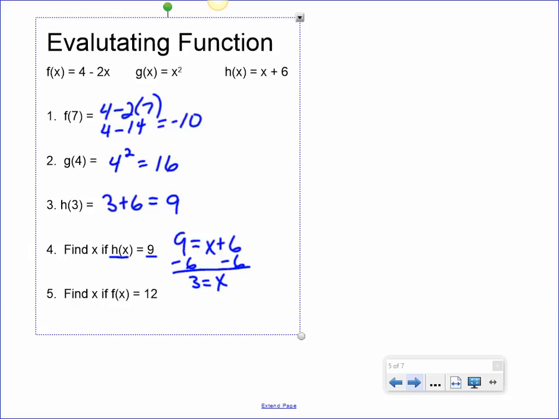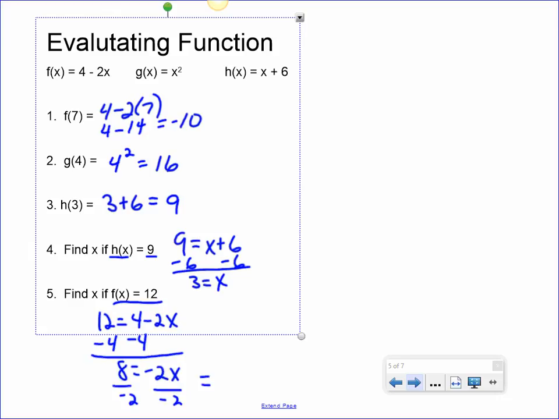If I want to do that for f of x when it's 12, so I plug in a 12 for the f of x, 4 minus 2x. Hopefully we can see we subtract off the 4. So I'd be at 8 equals negative 2x divided by the negative 2, and I'd get x equals negative 4, or negative 4 is equal to an x. Okay.